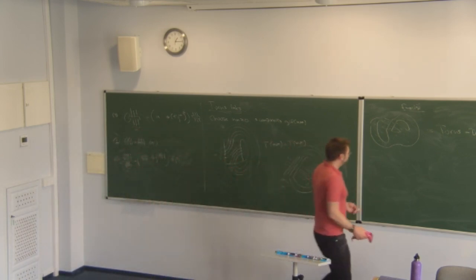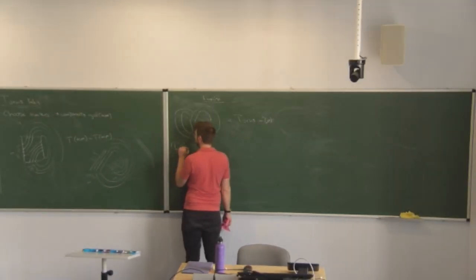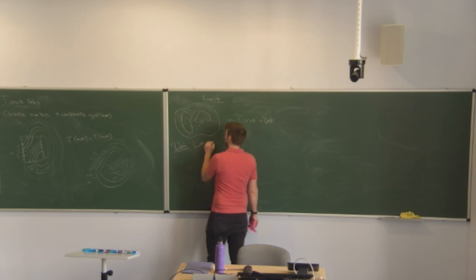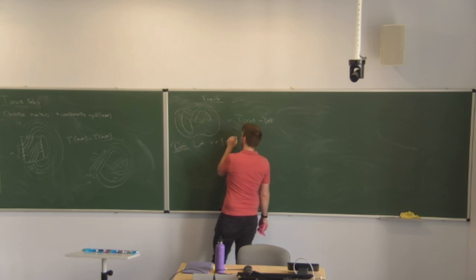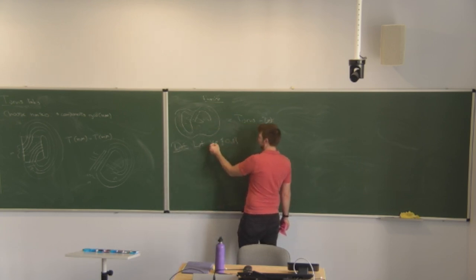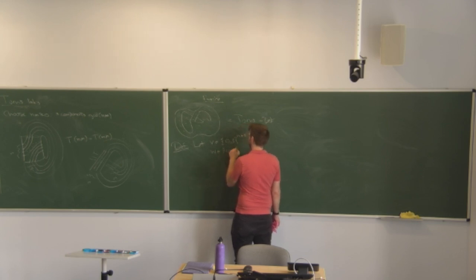So the family is going to be indexed by pairs of binary sequences. We'll consider sequences V and W. V is going to be a binary sequence of length n, and W will be a binary sequence of length m.